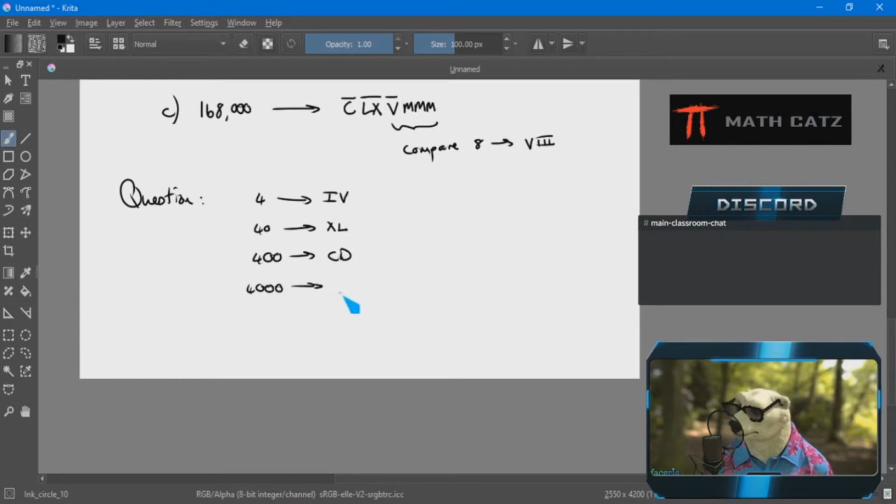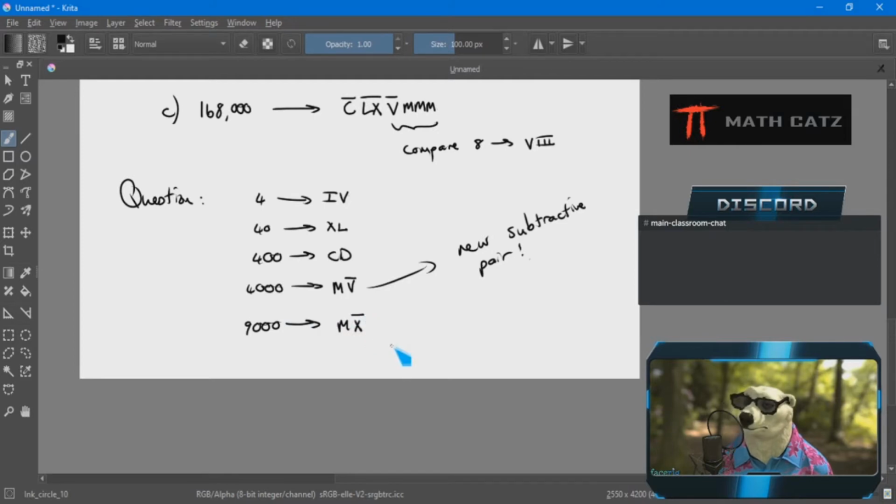Well, it makes total sense because I can't have 4 M's. I need to have a new subtractive pair. It's going to be 1,000 before 5,000. New subtractive pair. And then, of course, 9,000 will be 1,000 less than 10,000. New subtractive pair.